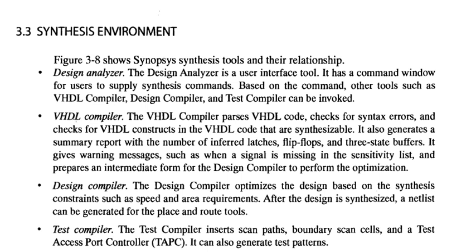Okay, so first is the VHDL compiler. What it does is, we pass VHDL code to the compiler. Then it checks for any syntax errors and any VHDL constructs that are not sensible. Means you wrote a code, it checks the syntax first, then it checks for any constraints in the VHDL code for synthesis.